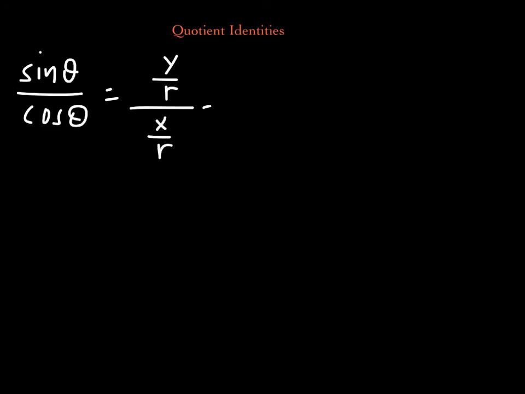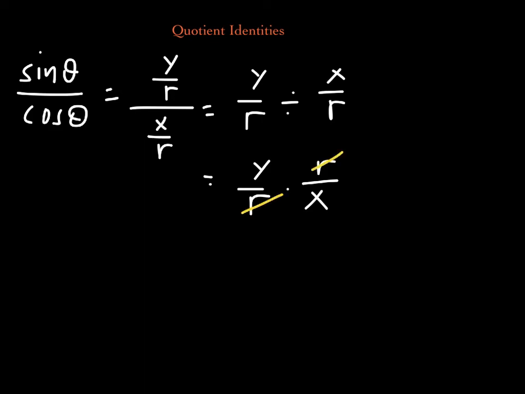So then this is really y over r divided by x over r, which is the same thing as y over r times r over x, correct? And then your r's divide out. And notice that when you divide sine of theta by cosine of theta, all you're left with is y over x, which is tangent of theta. So that's a quotient identity: tangent of theta is equal to sine of theta over cosine theta.